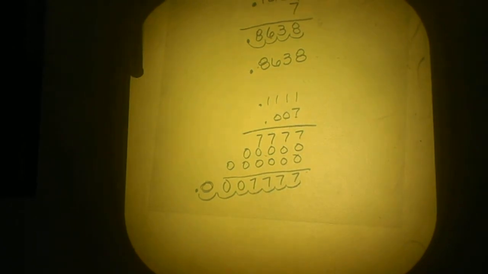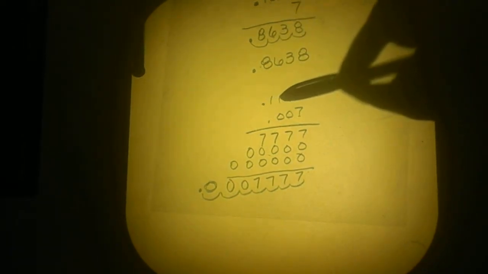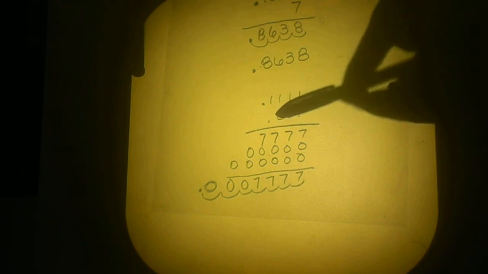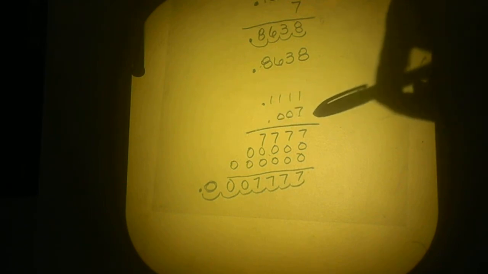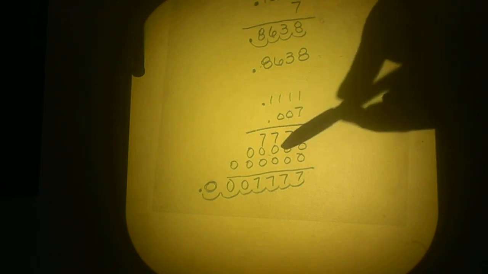Now here's one where I gave you 0.1111 times 0.007. Okay? I went ahead and did the multiplication, and remember, I still did all of the zeros.